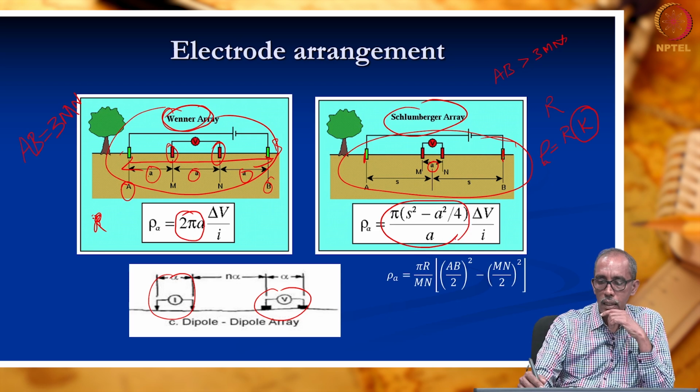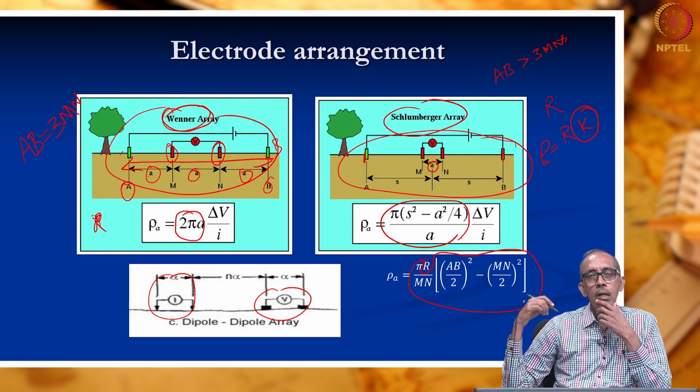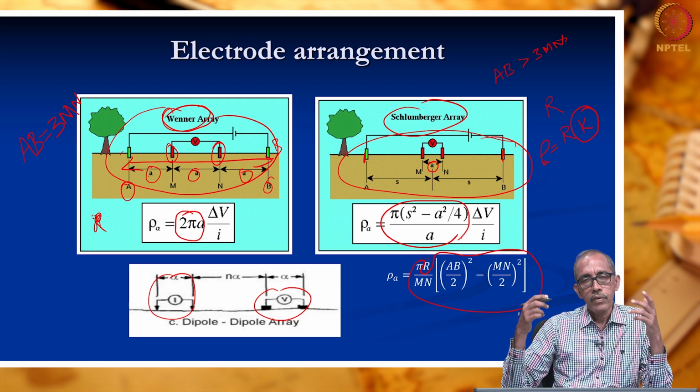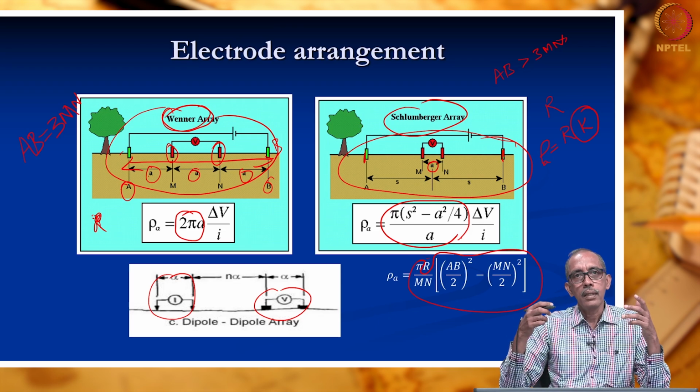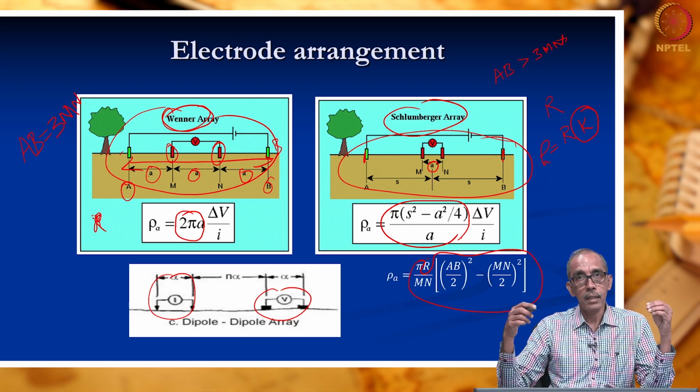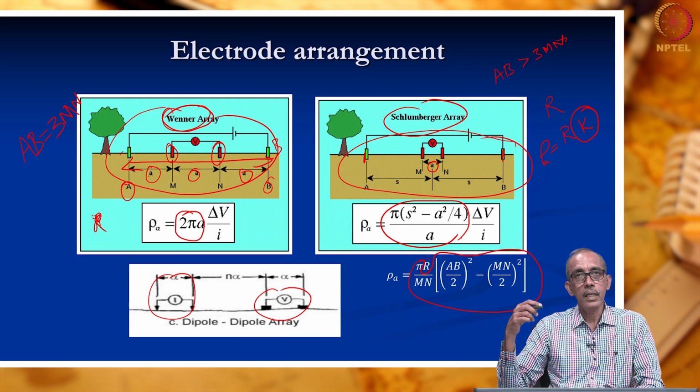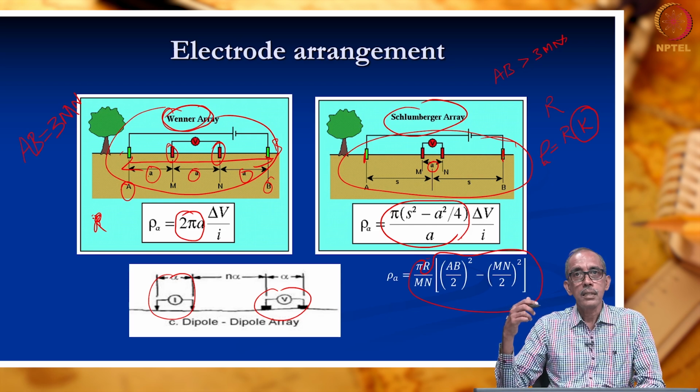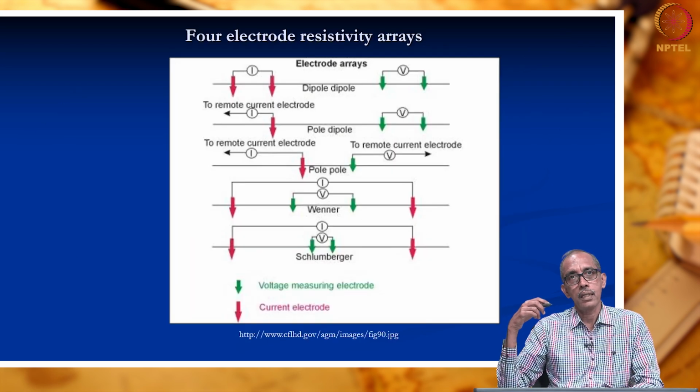This can also be written in another form. So, as we discussed previously, the electrode arrangement helps us to arrive at the value of K. When you multiply K with the resistance which we measure using the circuit we have formed at the ground, we can arrive at the apparent resistivity of the formation.